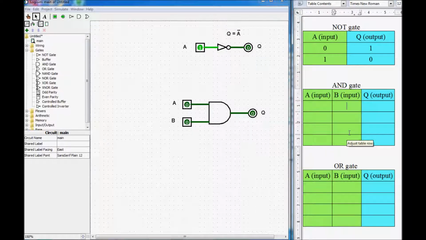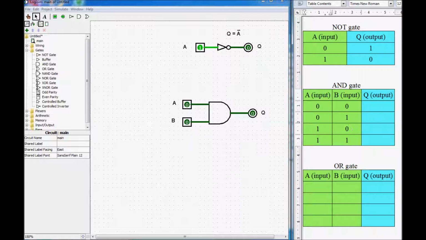And we have to do it like this. In the first column we have to write 0, 1, 0, 1, and in the second column we have to write 0, 0, 1, 1. And these are all the possible combinations of logical levels that we can have on the input of our gate.